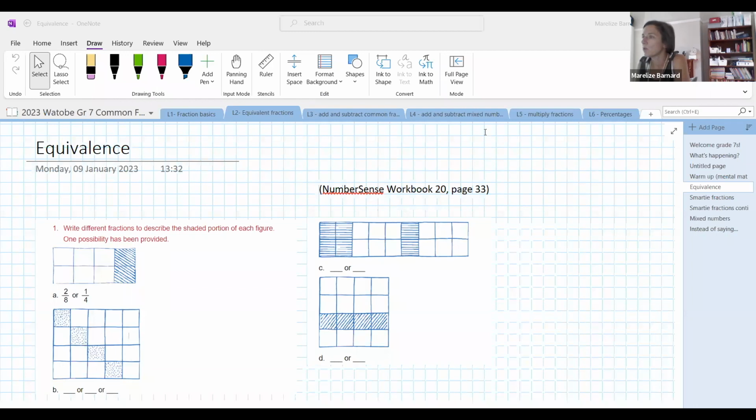To answer your question, Tara Jane, about how do you do it without a fraction wall, you can definitely draw your own picture. A picture is always there to help you solve a problem. Even when you get into high school and into the very advanced senior grades, you can still use pictures to help you answer a question.